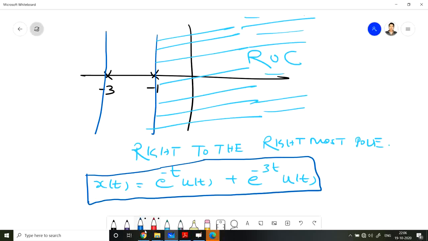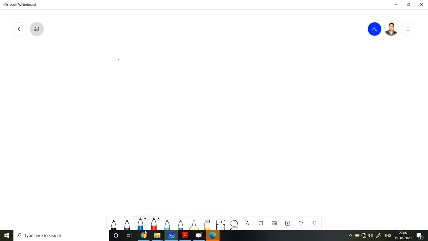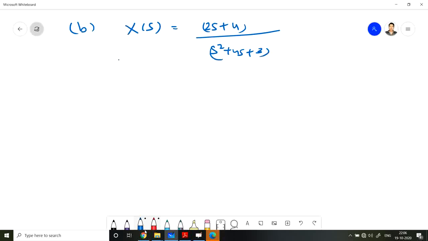Let us solve another problem. Let us solve part B, where X(s) is given. X(s) is equal to 2s plus 4 divided by s square plus 4s plus 3, and the ROC is real part of s less than minus 3.